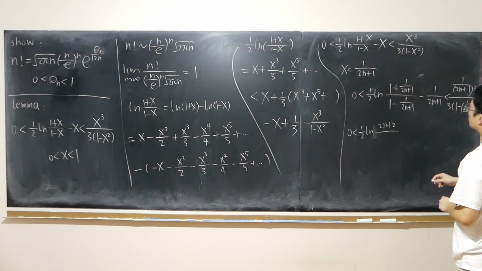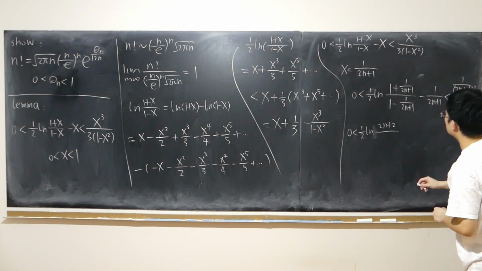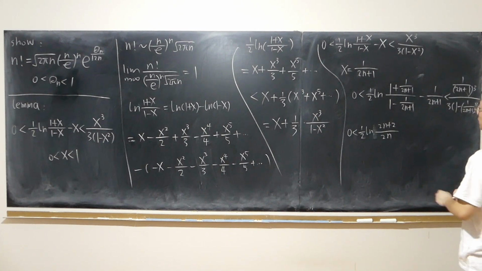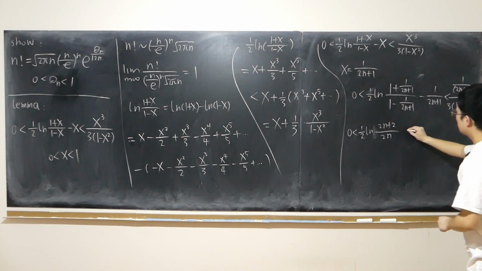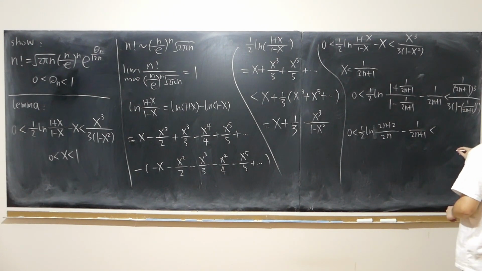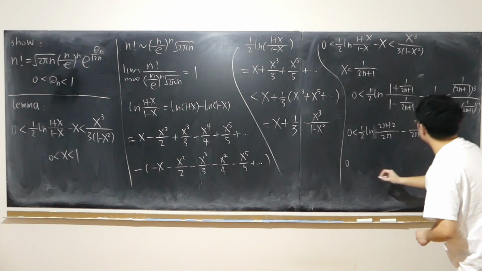So I think it's 2n plus 1 over 2n, and then we can simplify further, and minus 1 over 2n plus 1 less than this part. So eventually we have 0.